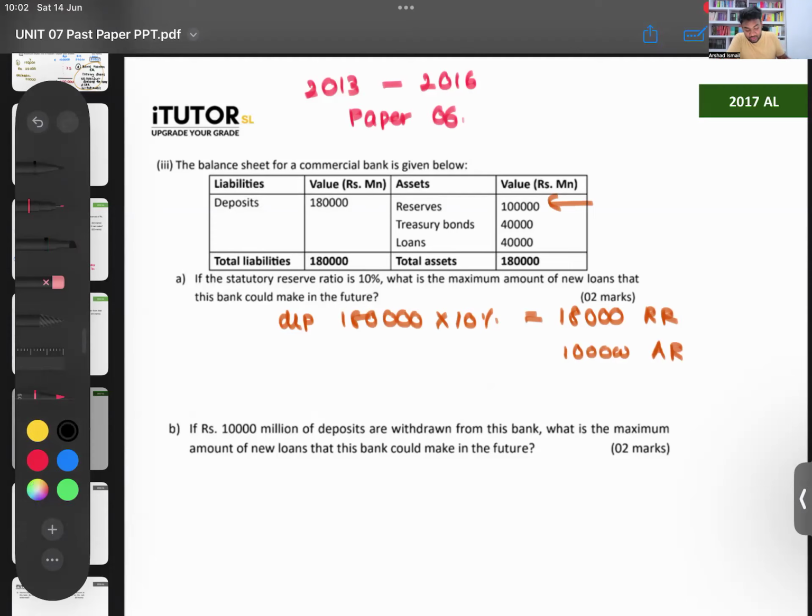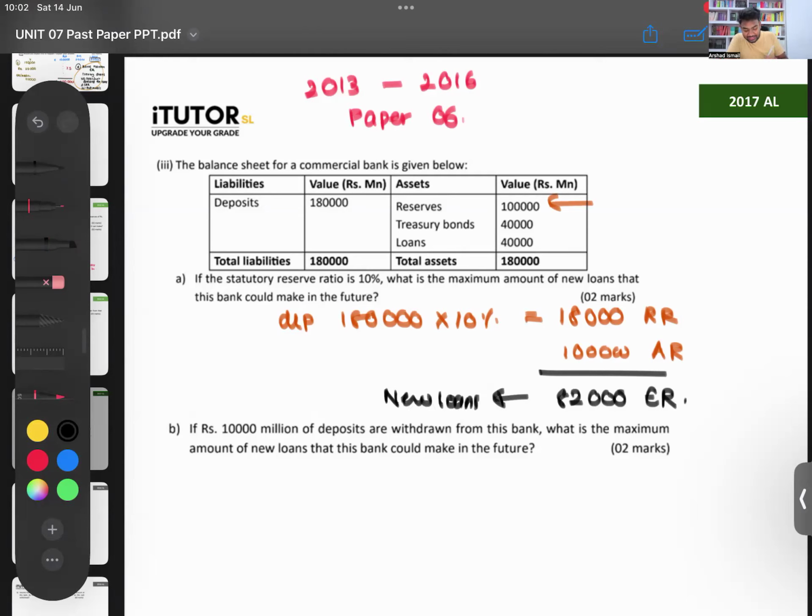That means how much do you have in excess? That is what you can give out as new loans. You have to keep only 18, you have kept 100. You have 82,000 worth of excess reserves in your banking system. So the amount of new loans will be equal to this. You can write that nicely and explain.